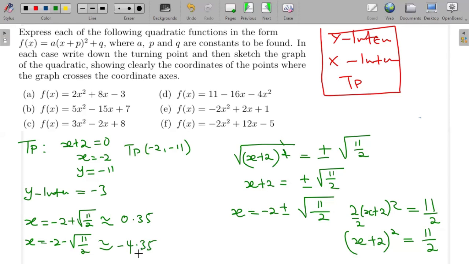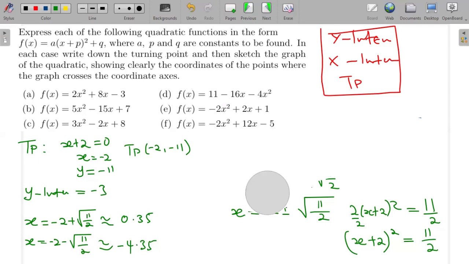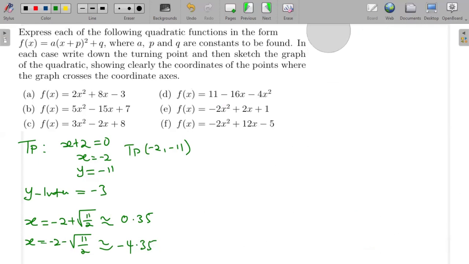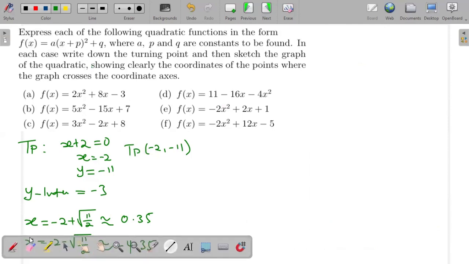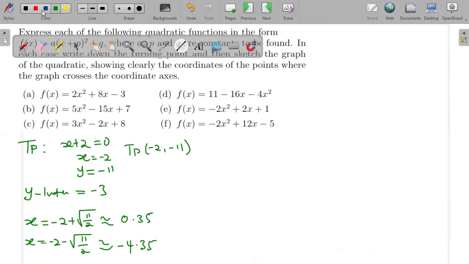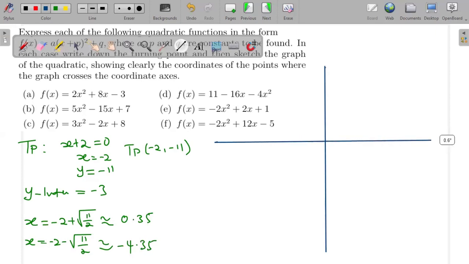Okay, so now we know our x-intercepts, we know our y-intercept, we know our turning point. We can sketch this graph. Okay, so to sketch, let me put it here. This will be our y. Okay, so our y goes all the way to minus 11. So it will be my x. Okay, so this is my y, this is my x.